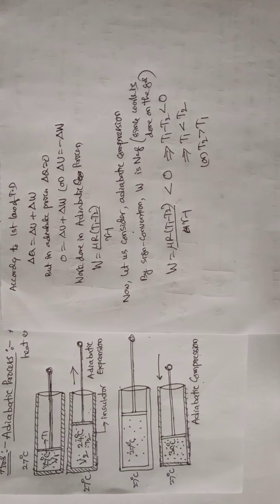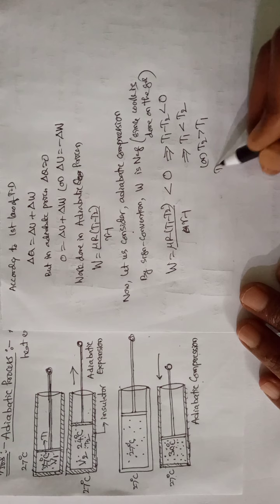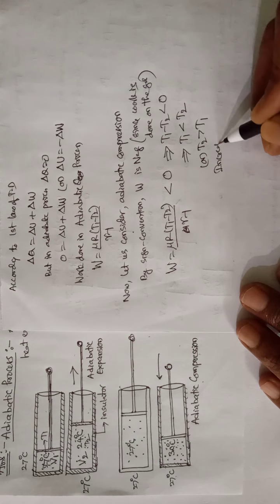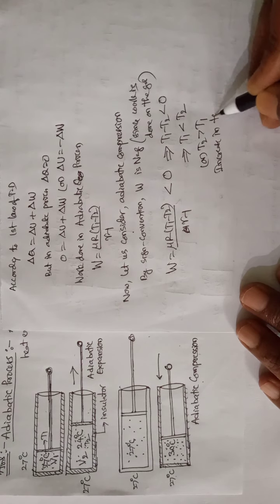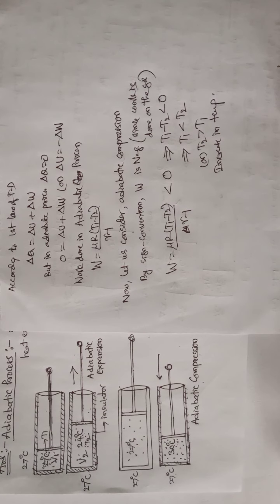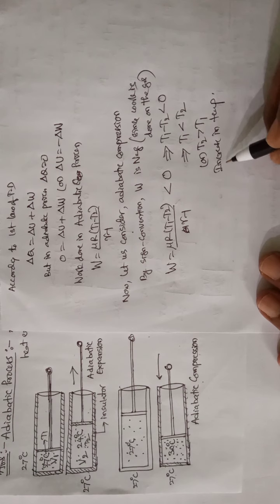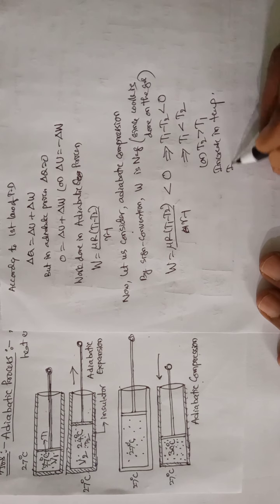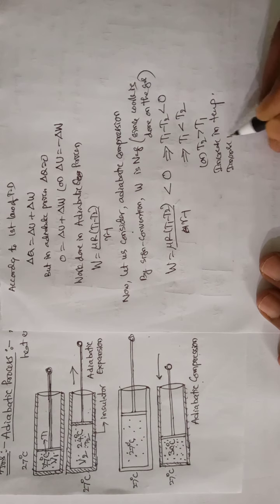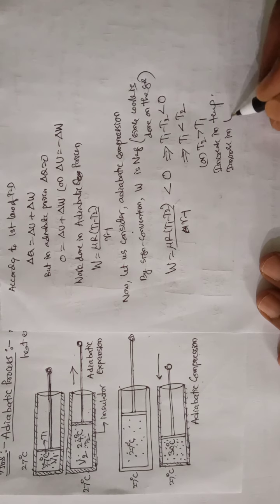That is, there is increase in temperature. So in adiabatic compression, the temperature of the gas increases, and since there is increase in temperature, there will be increase in internal energy.